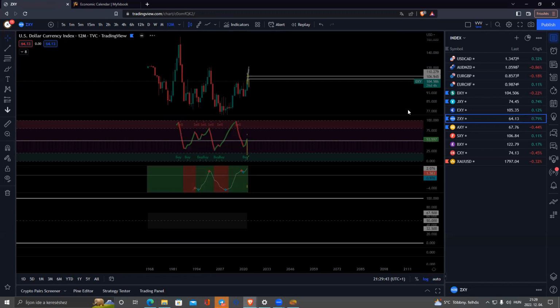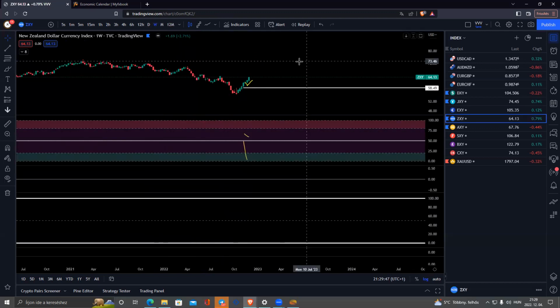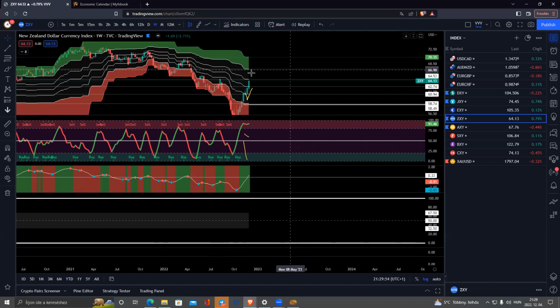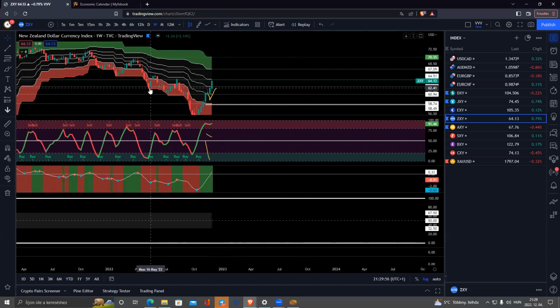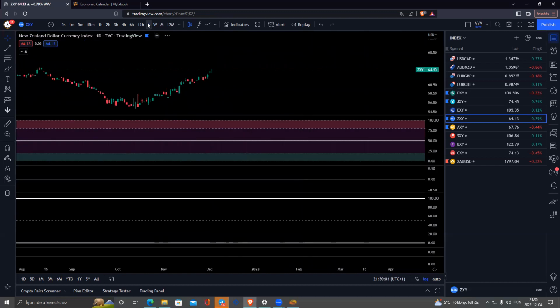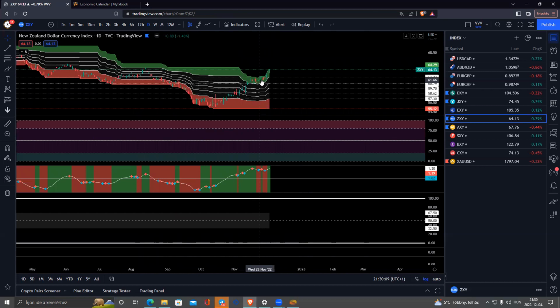And was at least AXY. Let's see. The XY. A strong move, actually. Read the previous high.